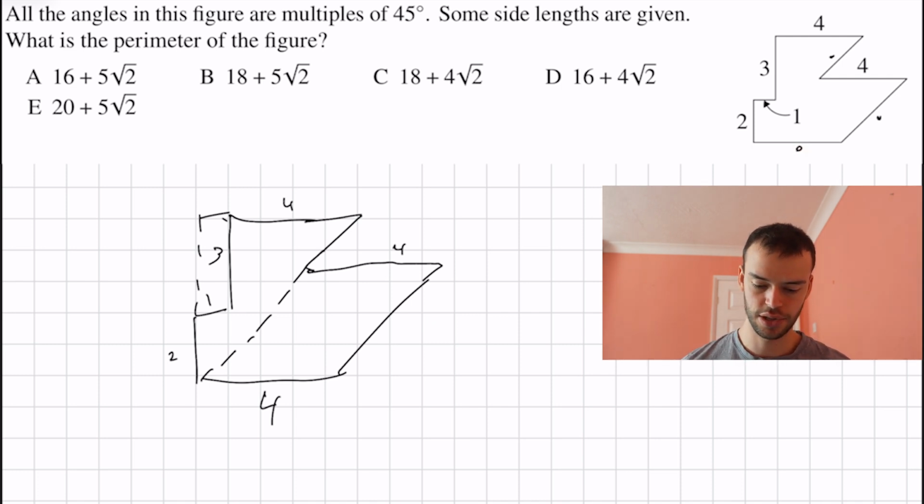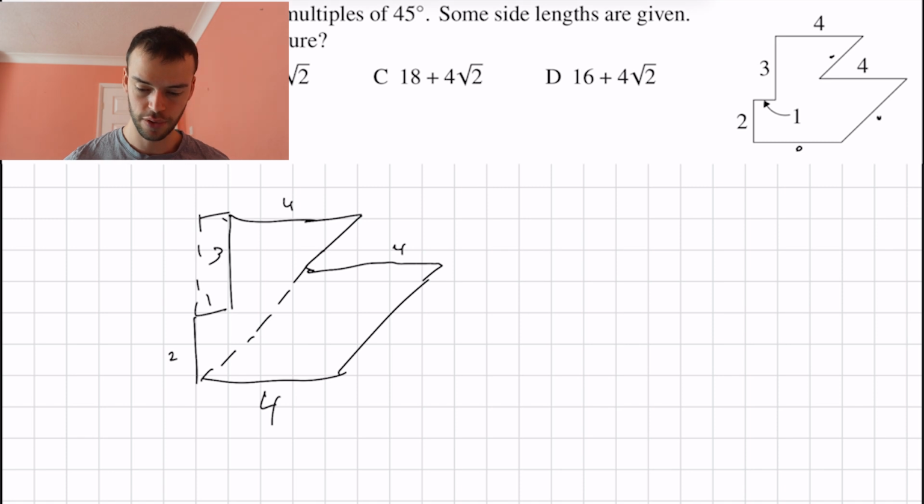Our next step is to think about, how can we find this diagonal and this diagonal? Well, we've already moved this one along here. So if we were to find this whole diagonal, then that would be the sum of this diagonal and this diagonal. And since I've created a right angled triangle here, I can use Pythagoras to get this diagonal length.